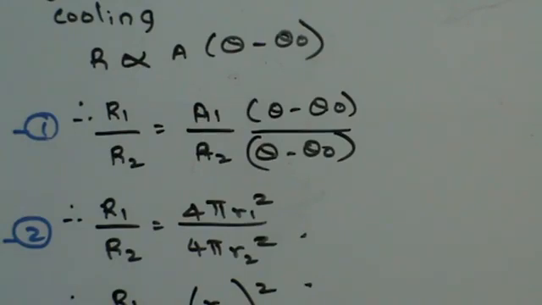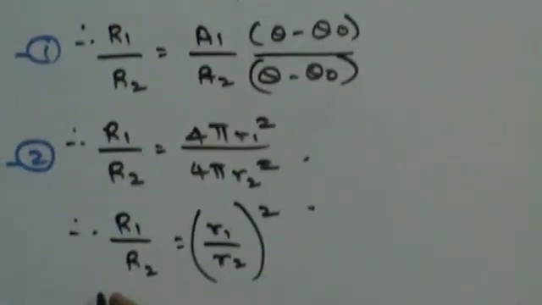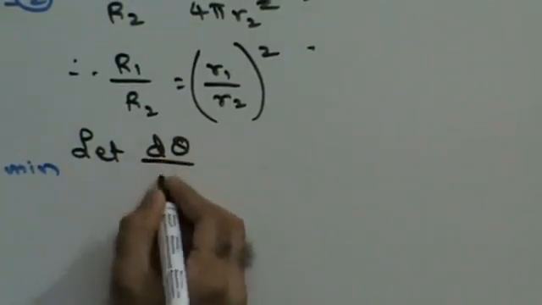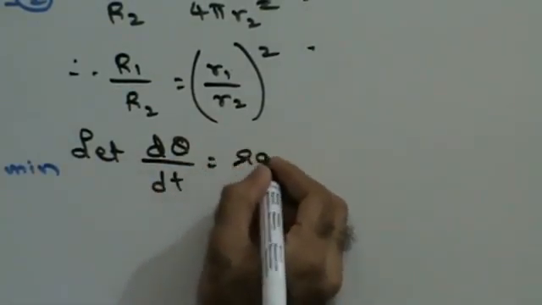Now they have asked you to compare the initial rate of loss of heat. So we've done that. The initial rate of fall of temperature, right? Now rate of fall means with respect to time. So let d theta by dt be the rate of fall of temperature.